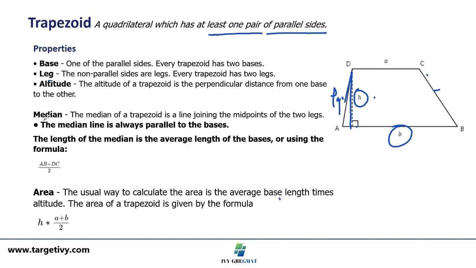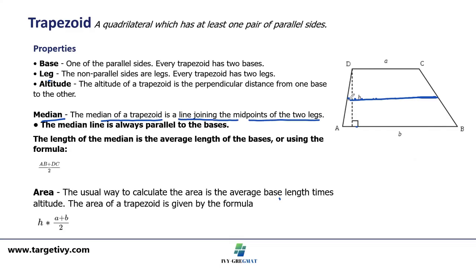There is something called the median of a trapezoid, which is if I join the midpoints of the sides that are not parallel. The median of the trapezoid is the line joining the midpoints of the two legs.